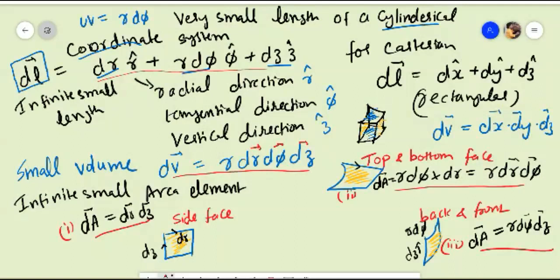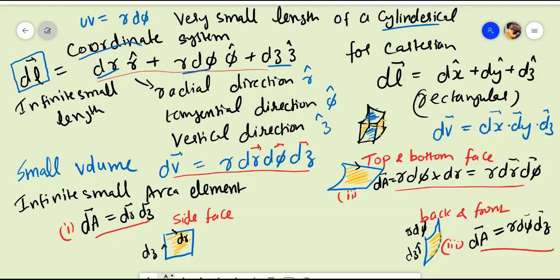For the side face, dA will be equal to dr vector multiplied by dz vector. For the top and the bottom face, the area will be equal to r dr multiplied by dφ. And the back and the front area will be given by r dφ multiplied by dz.